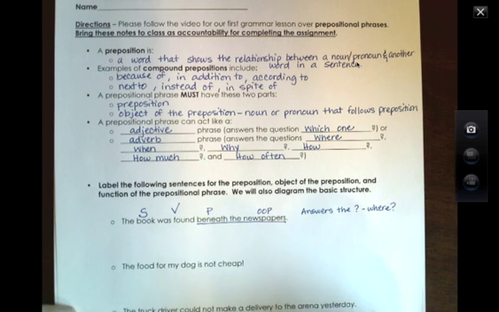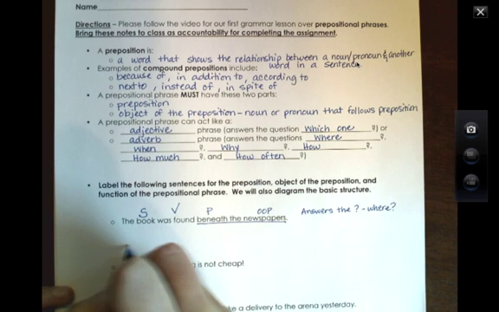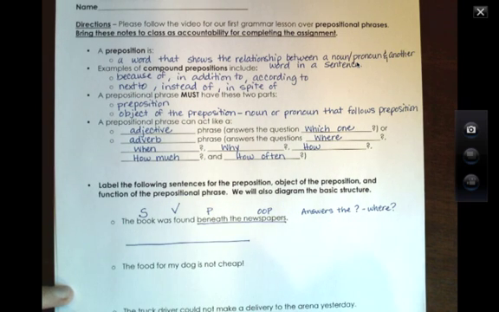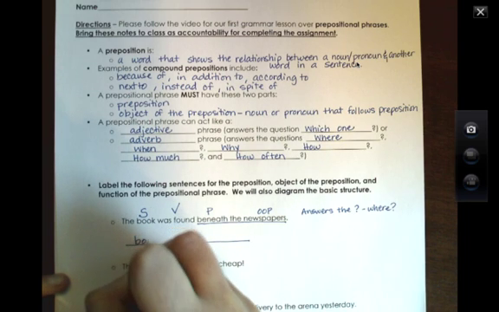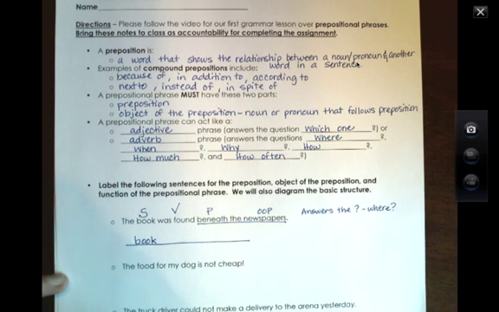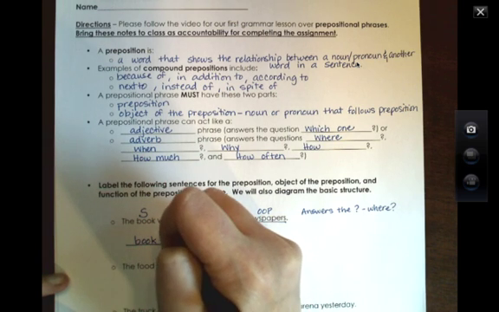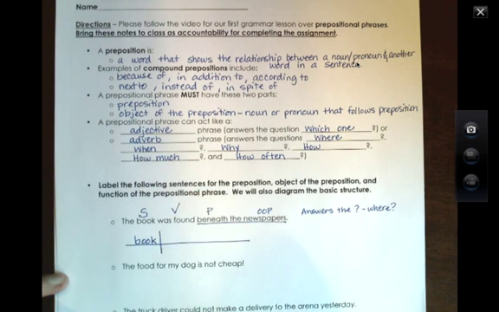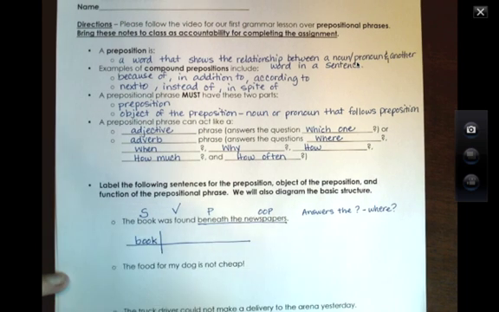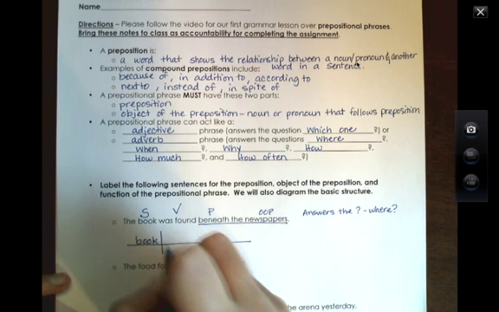So let's go ahead and put our baseline. And then once we have our baseline, we put our subject, which is book. Then we will draw our vertical line that passes through our baseline because that indicates that you will have a verb coming up next. So after that, we'll diagram was found.